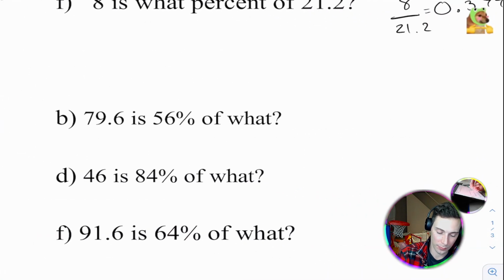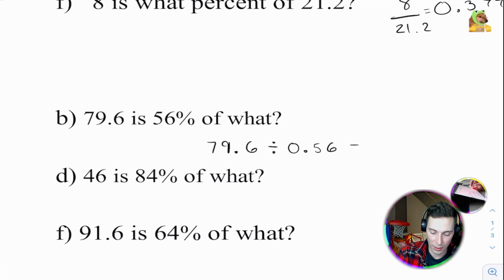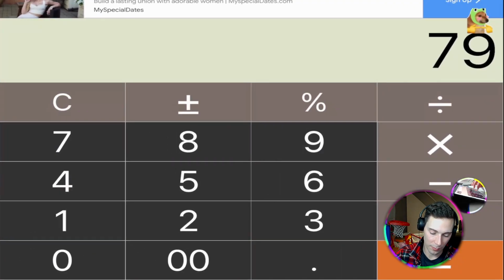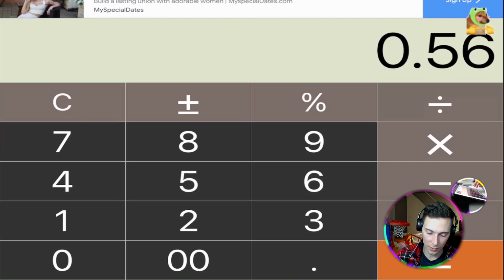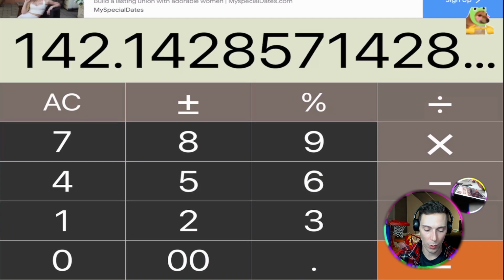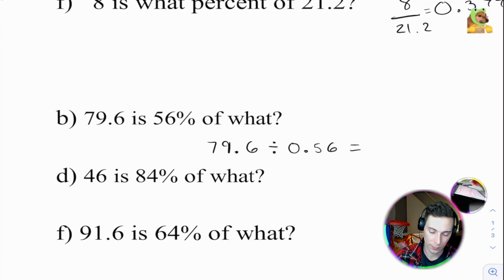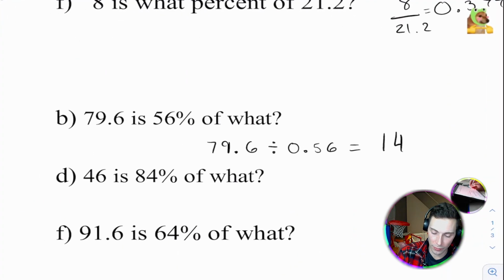All right. 79.6 divided by 0.56 is equal to what? Now, this is calculator written all over it. 79.6 divided by 0.56 is equal to 142.14.